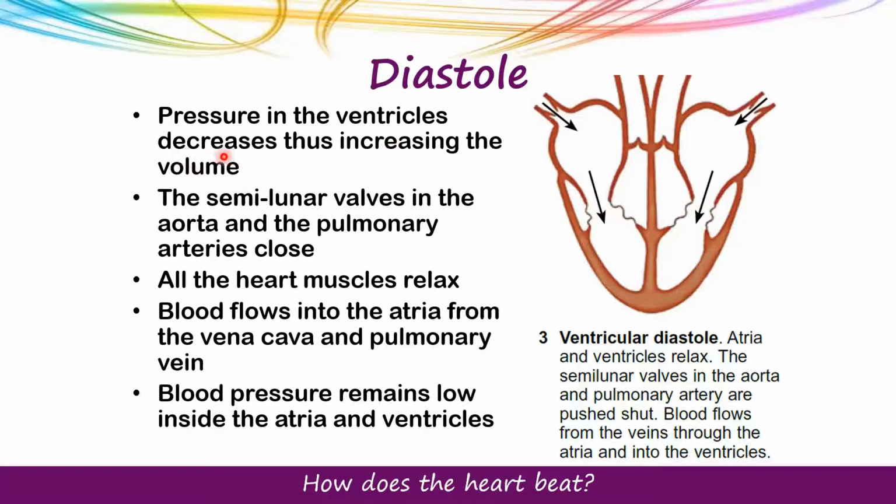When we're talking about volume, it means that the blood is flowing in. Volume is the capacity of this space to hold blood, so the volume is increasing. You can see the pressure here, since they're talking about the ventricle right now, referring to it as ventricular diastole first.